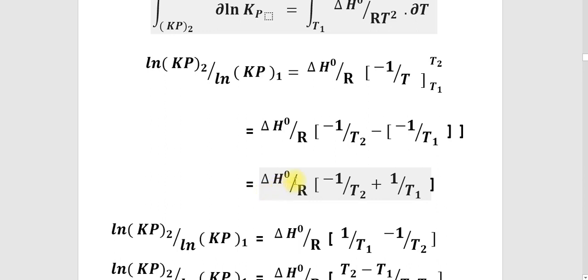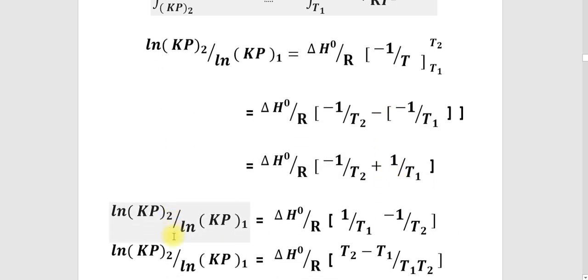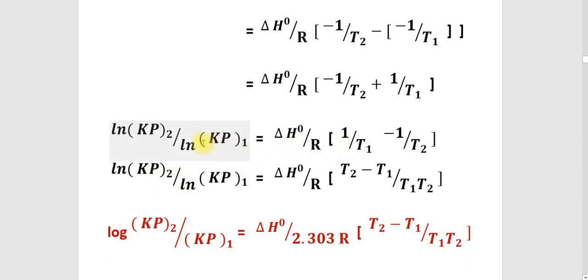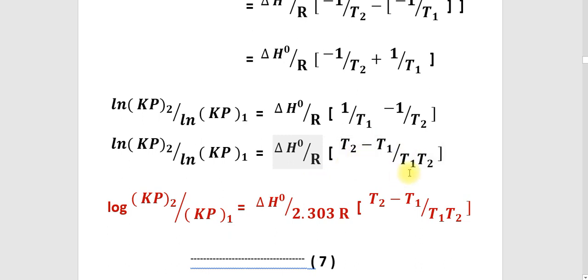So ΔH0 by R into minus 1 by T2 plus 1 by T1. Here ln Kp2 by Kp1, where the p subscript is the equilibrium constant in terms of partial pressure. Rearranging, I wrote 1 by T1 minus 1 by T2, which is equal to ΔH0 by R into T2 minus T1 divided by T1 T2.